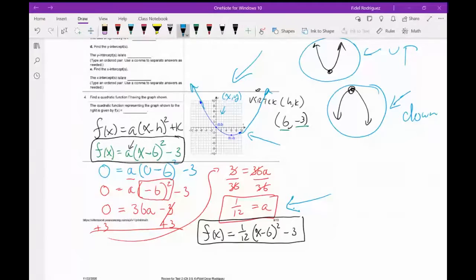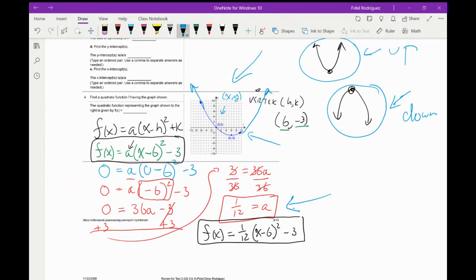Positive. Very good, a positive number. And if you notice the number we came up with is a positive 1 over 12, right? So realizing that the graph is opening up and that my number A is positive are going to be indicators that I'm doing this problem the right way.